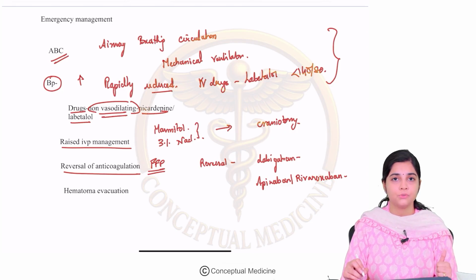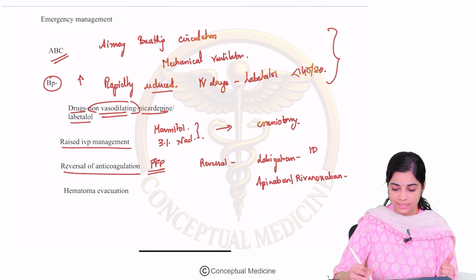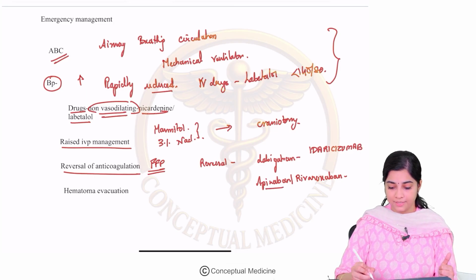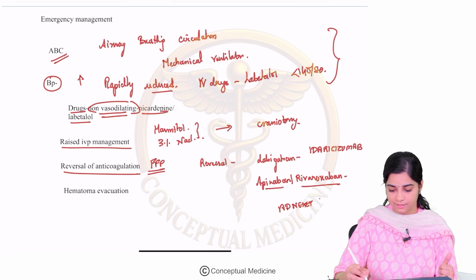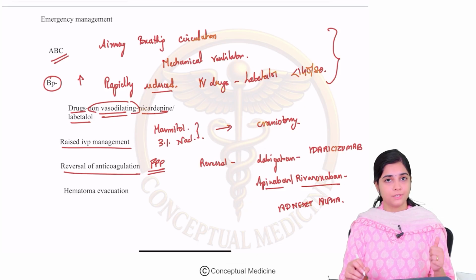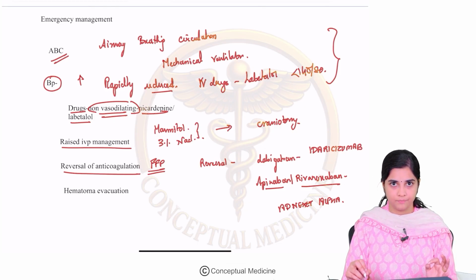The drug used for anticoagulant reversal in dabigatran is idarucizumab, and for apixaban and rivaroxaban, it is andexanet alfa. So anticoagulation reversal, if the patient is on an anticoagulant, also has to be considered.